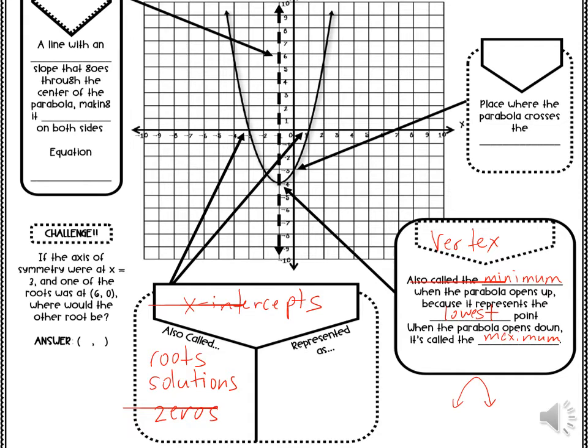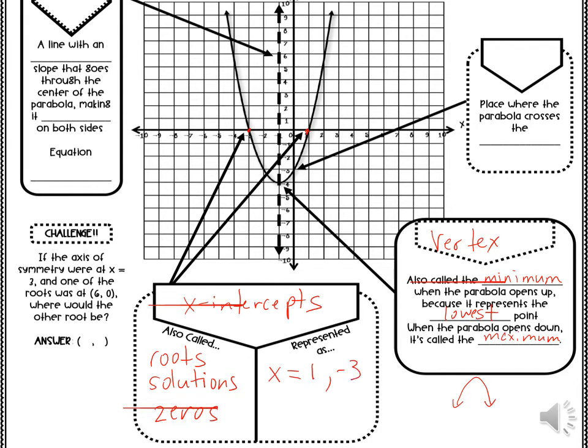Now these have different forms, so you can write it as x equals. So if I look at mine, I have an x-intercept there and there. So that one right there, x equals 1, and then you would write comma, and my other one is -3.